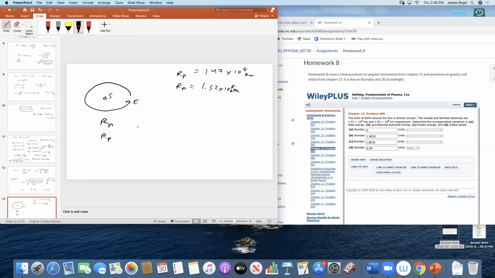Well, we're going to be doing stuff with gravitational, 6.67 times 10 to the minus 11 newtons meters squared over kilograms squared. So meters squared, these have to be in meters. So 1.47 times 10 to the 11th meters, and 1.52 times 10 to the 11th meters. And I have those switched, I'm sorry.